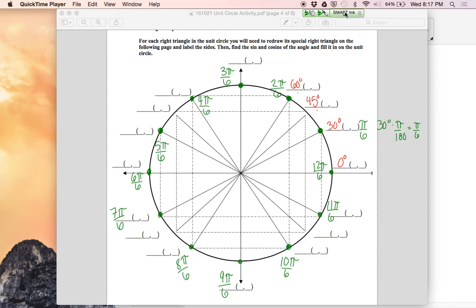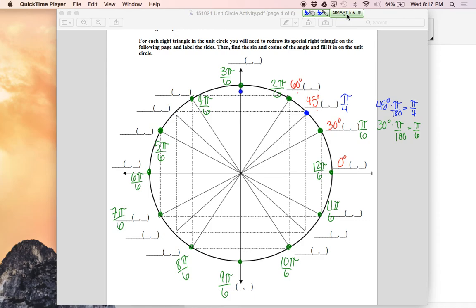Now the next thing I'm going to do is convert 45 degrees into radians. So times pi over 180, you get pi over 4. So right here in the middle, 45 degrees is the same thing as pi over 4 radians. Now I add another 45 degrees, and I'm up here at the top.